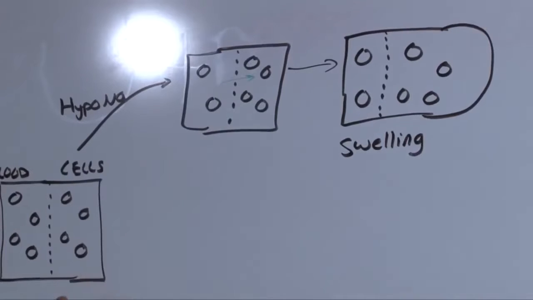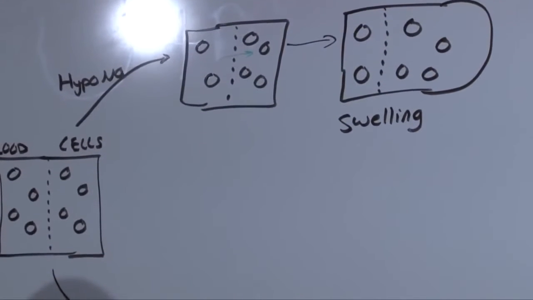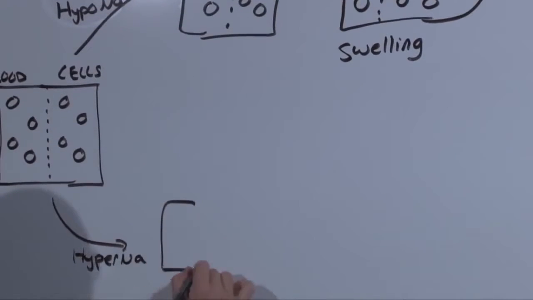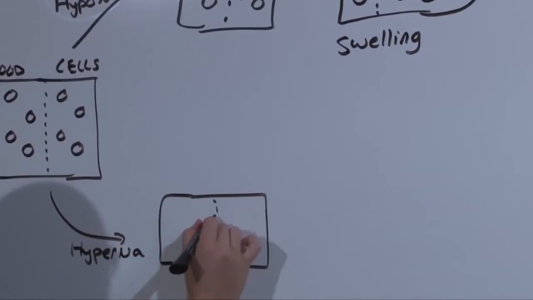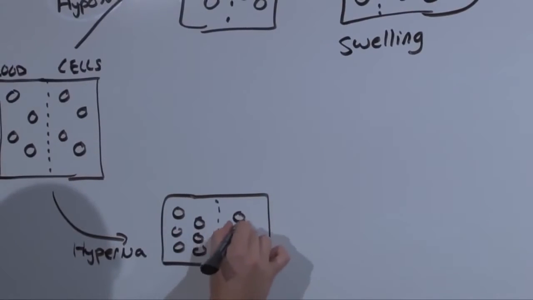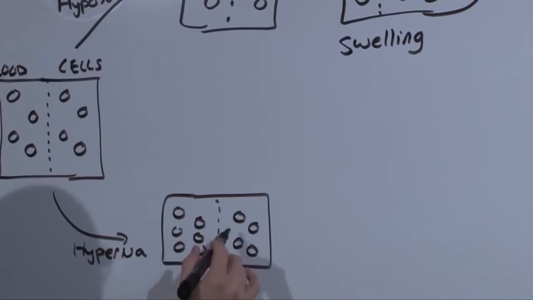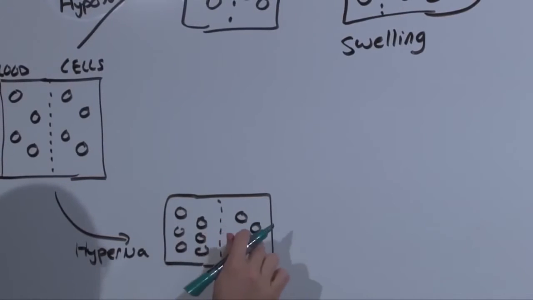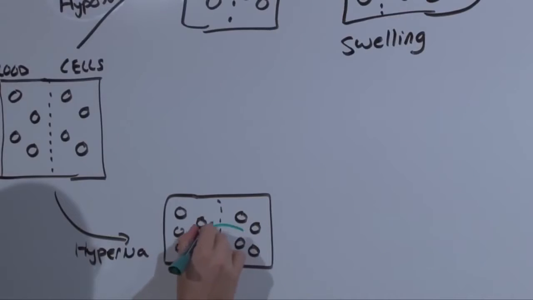In the opposite condition, that is hypernatremia, where there is too much stuff in the blood, initially you start off with too much stuff in the blood. Water is going to go down its concentration gradient, so water is going to go from an area of too little stuff to too much stuff to balance it out.